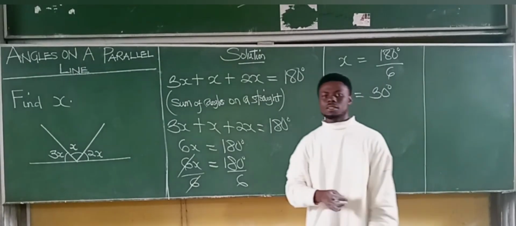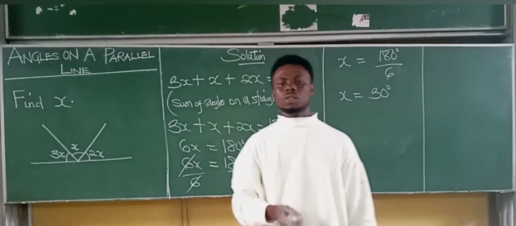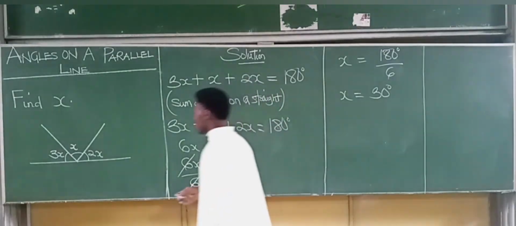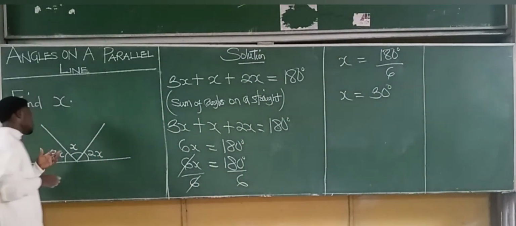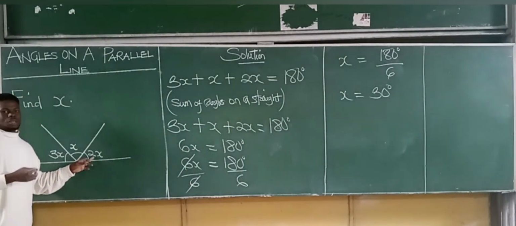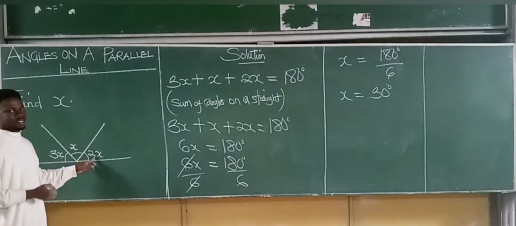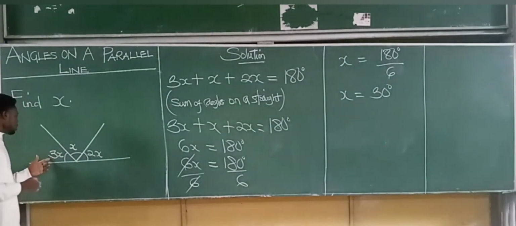Therefore, x is 30 degrees. If you substitute this value into the original equation where we have 3x, x, and 2x, it will definitely give you 180 degrees.